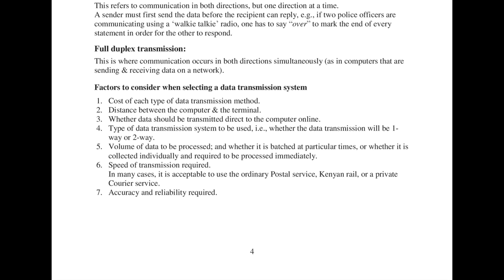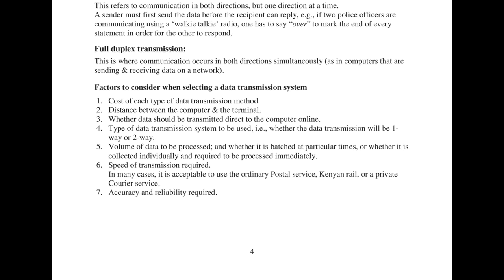So guys, factors to consider when selecting a data transmission system. You can talk about cost, distance, whether data should be transmitted directly or online, type of data transmission system, e.g., whether the data transmission will be one-way or two-way. Also, volume of data to be processed and whether it is batched at particular times or whether it is collected individually and required to be processed immediately.